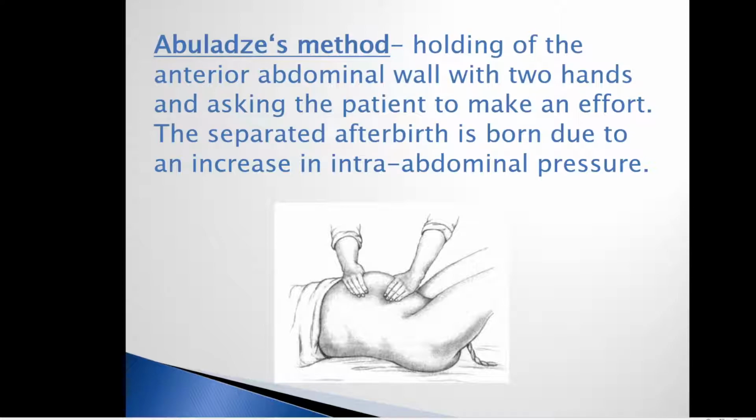The separated afterbirth is born due to an increase in intra-abdominal pressure. We don't touch the uterus. The patient pushes, but we decrease intra-abdominal pressure by holding the anterior abdominal muscles.